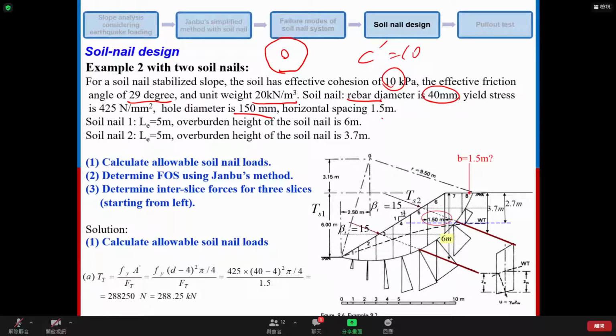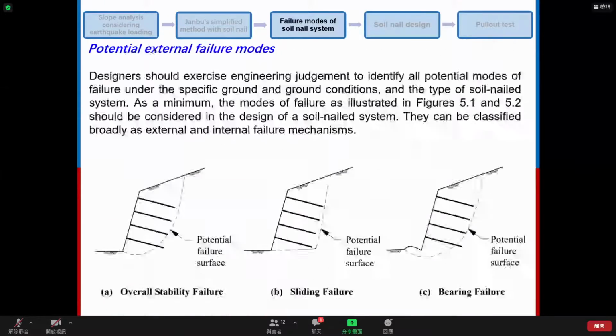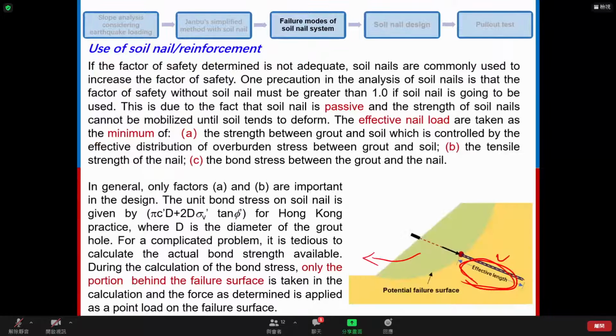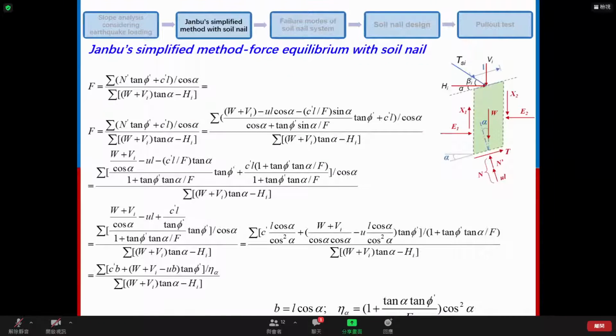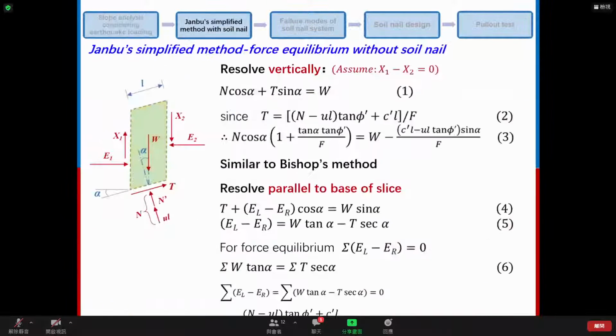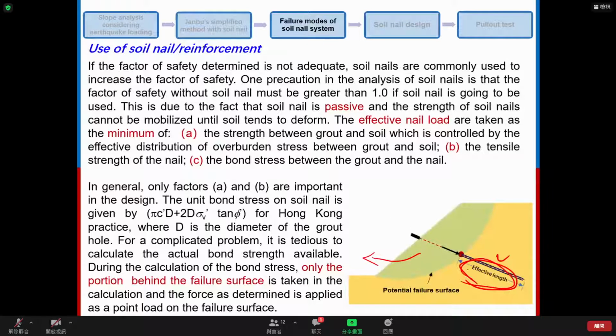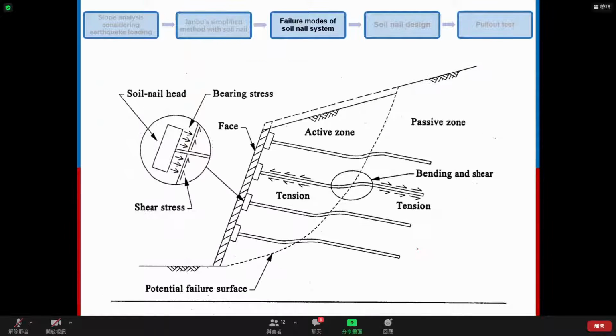Horizontal spacing, 1.5 meter. I want to start with what the horizontal spacing is first. All the equations and the discussion about the FOS calculation are based on a 2D condition. You see, we always draw this 2D figure, right?